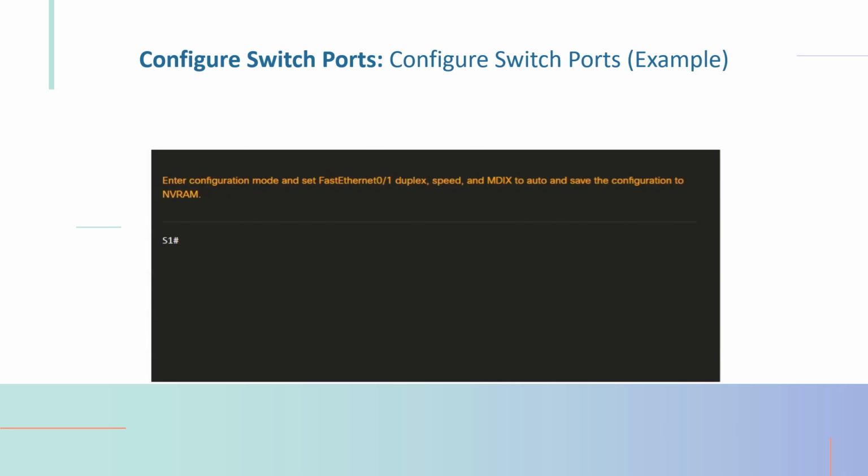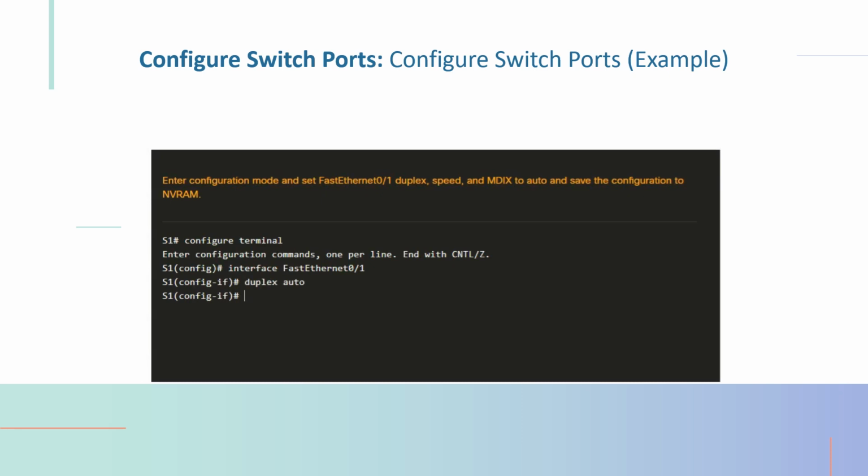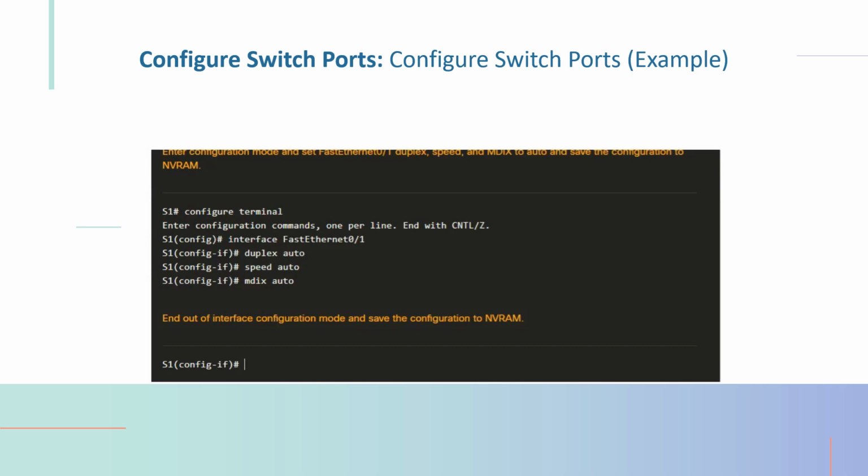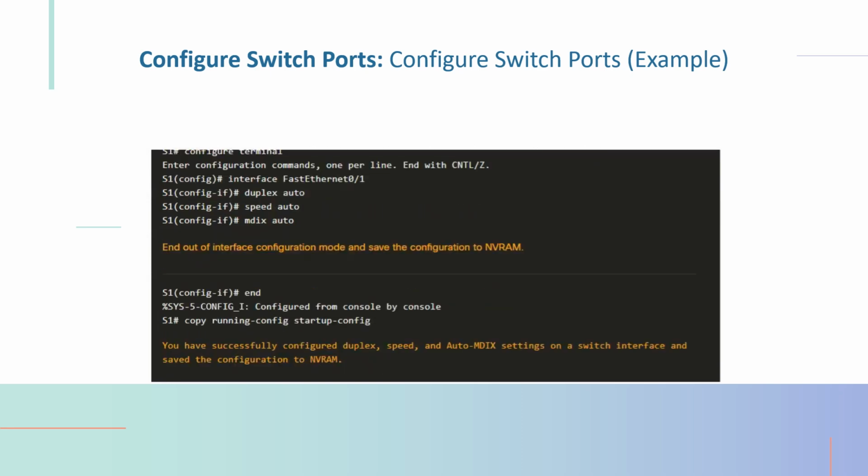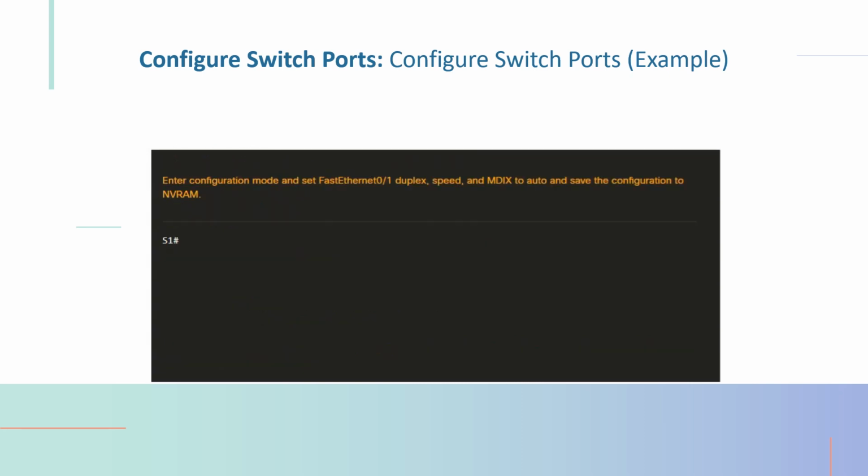To do so, you enter global configuration mode, enter the proper interface, and use the duplex auto command, speed auto, and mdix auto commands for configuring the duplex, speed, and auto-MDIX.